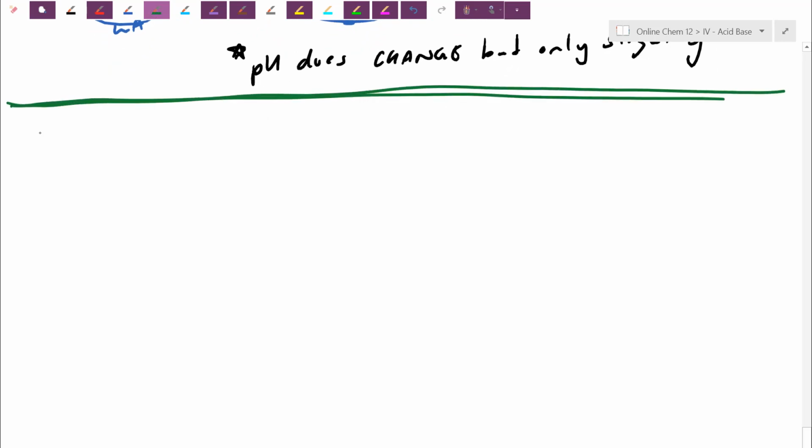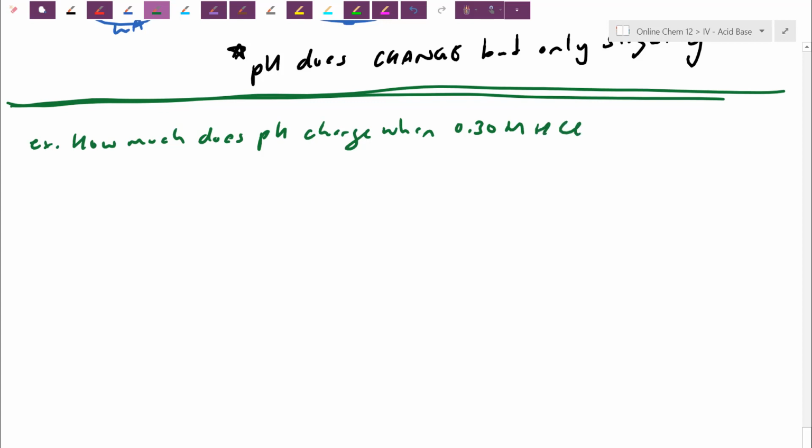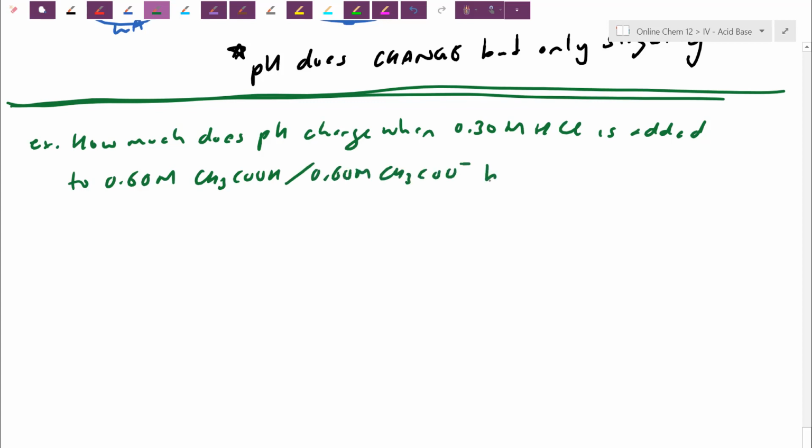I want you to calculate how much the pH changes when 0.30 molar HCl, a strong acid, is added to 0.60 molar acetic acid and 0.60 molar acetate. Okay, buffer.